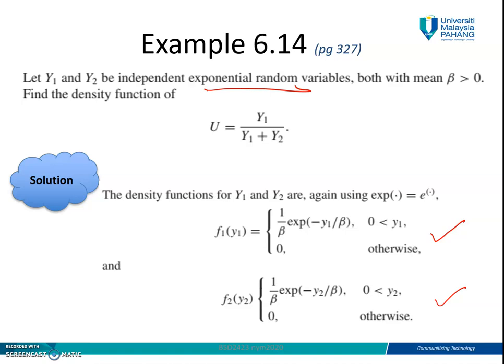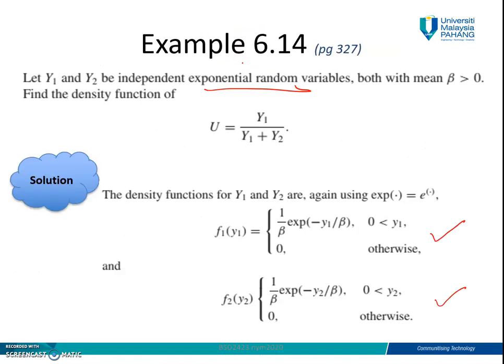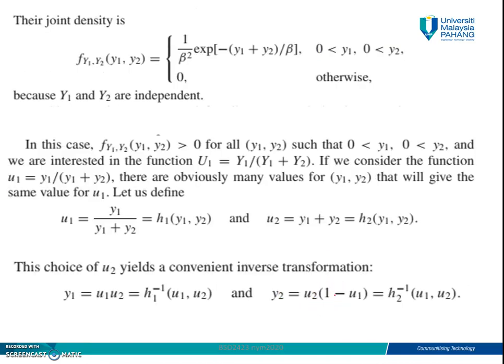Now you need to find the joint density function of y1 and y2. Since they are independent, you can just multiply the density functions. When you multiply, the powers of the exponent add, so it becomes exponent negative y1 plus y2 over beta.